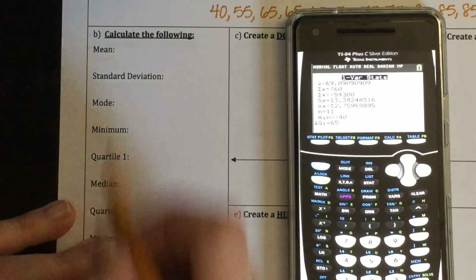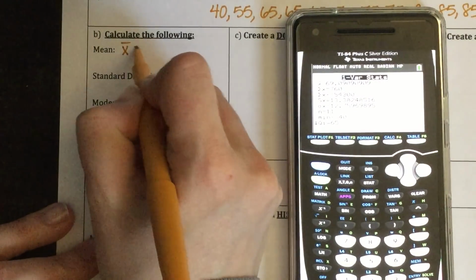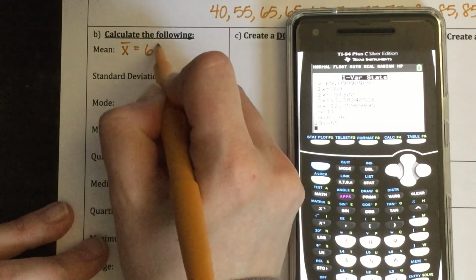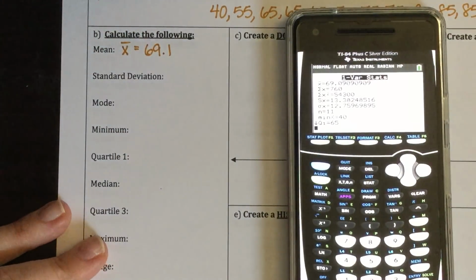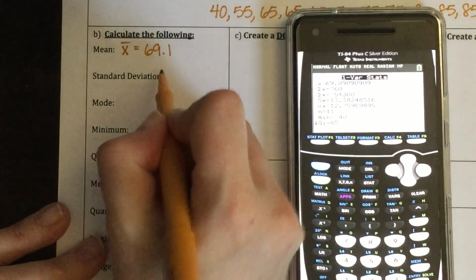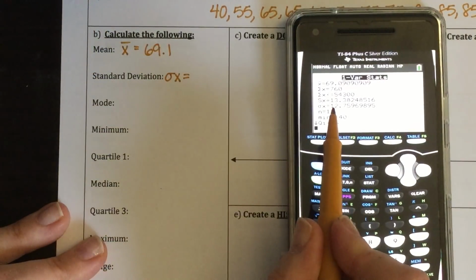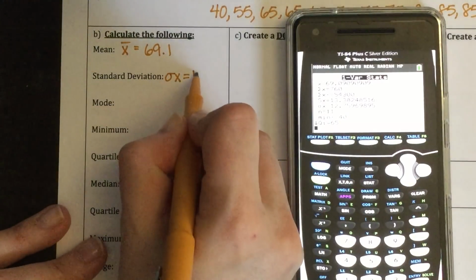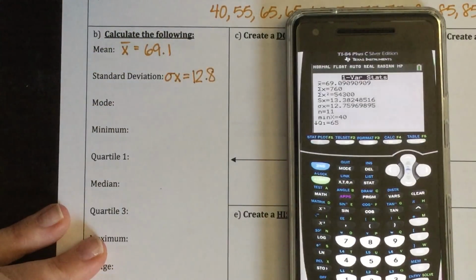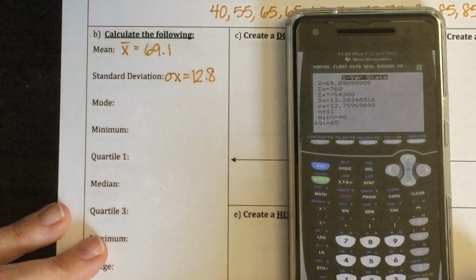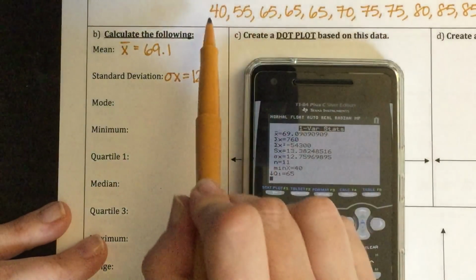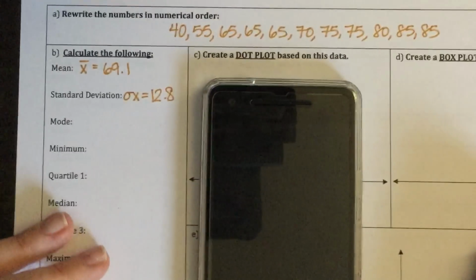So we've got our mean is 69.1. I like to always round to the nearest tenth. Our standard deviation is 12.8. Our mode, we can't tell from the calculator, so we need to look at what number happens the most often.